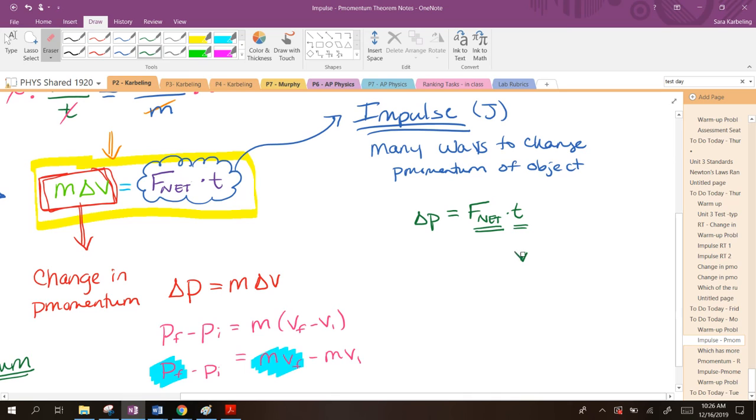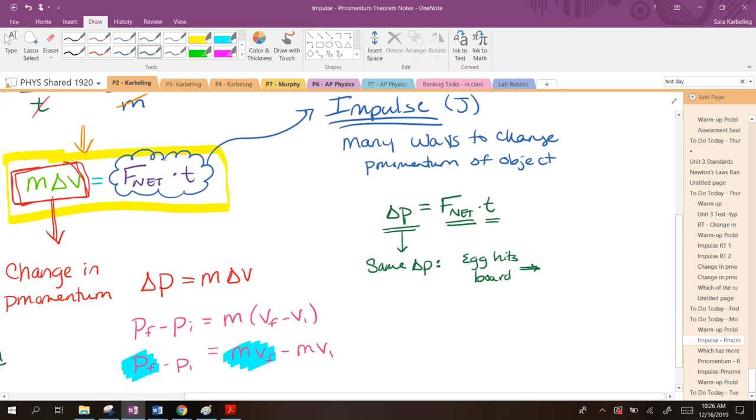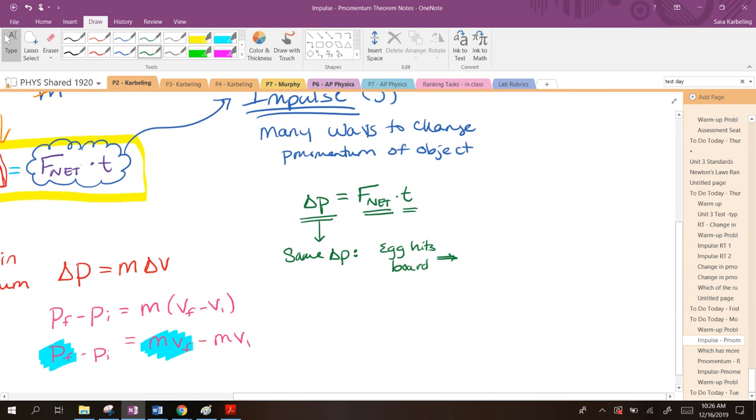Let me say that in a different way. To get the same change in momentum, we can have a couple different situations. If the egg hits the board, how long does it take for that egg to break?